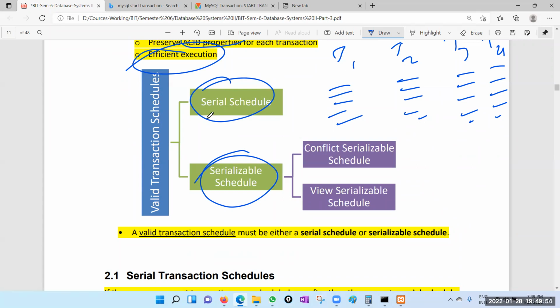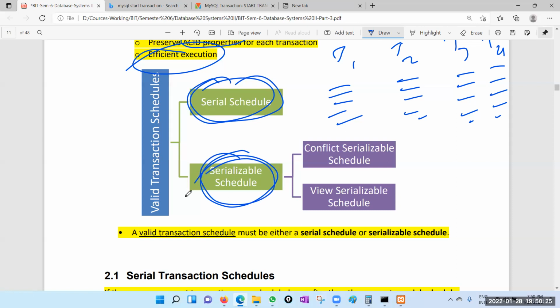If it violates the ACID properties, or at least has the potential of violating them, then we say it's an invalid transaction schedule. Your DBMS always makes sure that it keeps generating valid transaction schedules, valid for each and every transaction. So these valid transaction schedules can be of two types: the serial schedules and serializable schedules.